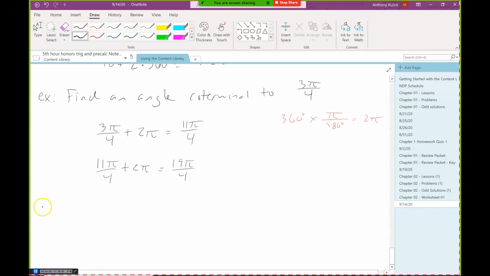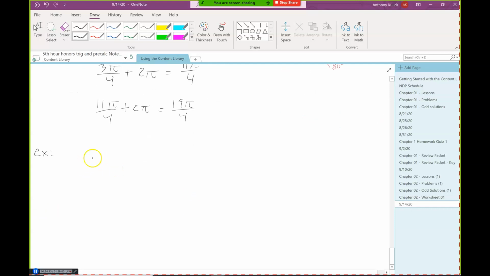Let's talk about what we mean by a negative angle. So if I want to draw a negative 160 degrees, I'm going to start the same way. So here's my initial side. But instead of rotating counterclockwise, we're going to rotate clockwise.